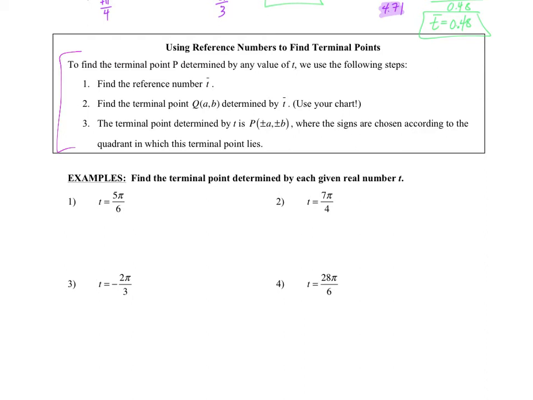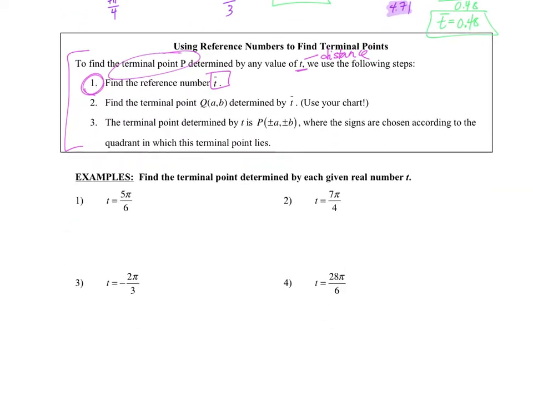So basically, here's what I need to do. I'm going to find my terminal point P. So it's going to give me a t value, and I'm going to find the P on this unit circle. So t tells me the distance, how far I go around the circle. After I do that, I'm going to find my reference number, which is t-bar. So that's what we've been practicing doing right here.